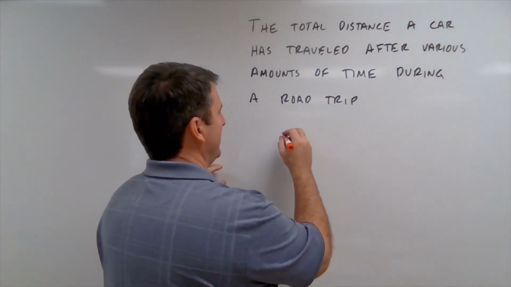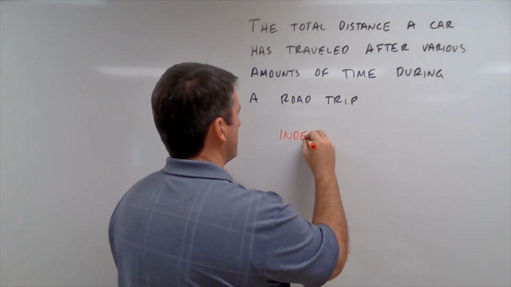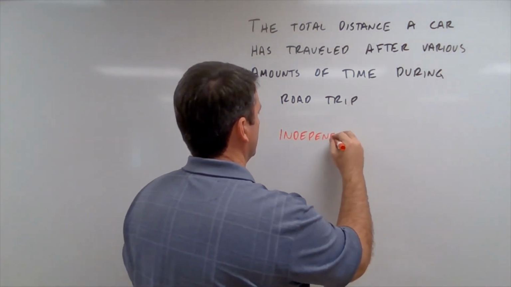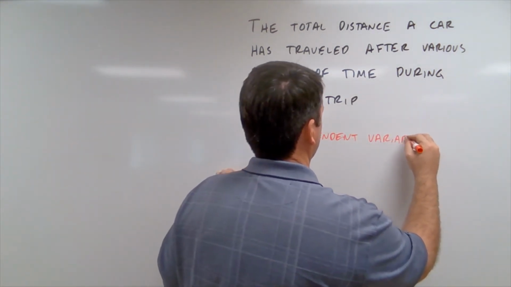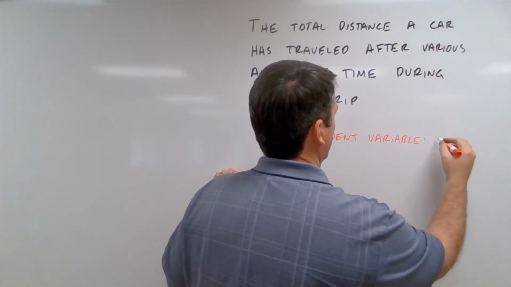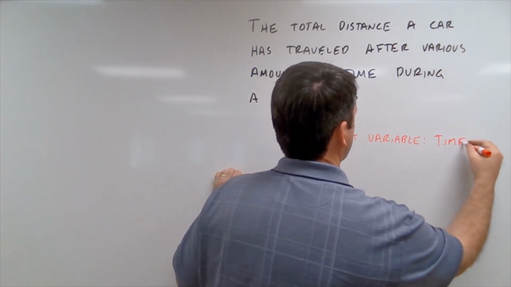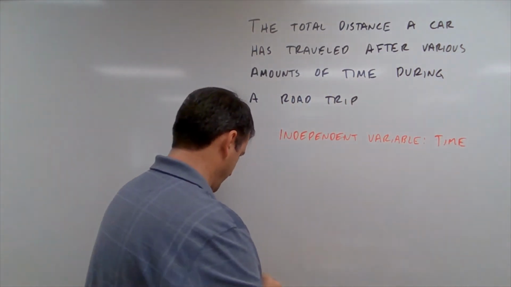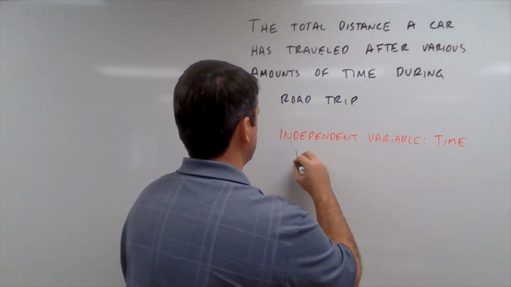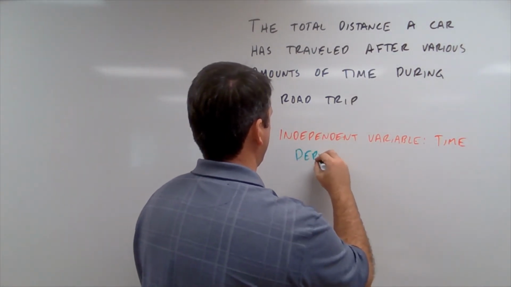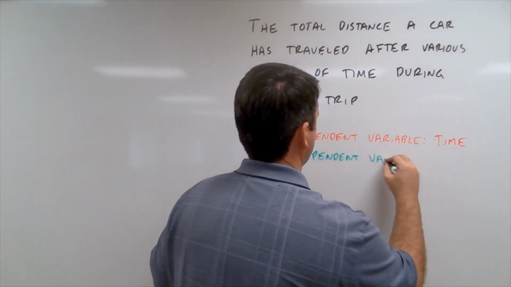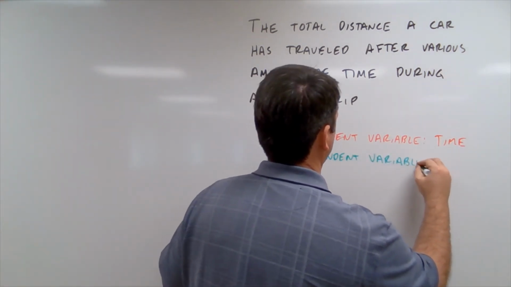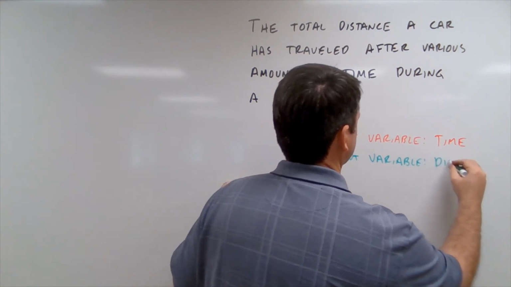So our independent variable is going to be time. And our dependent variable is going to be distance.